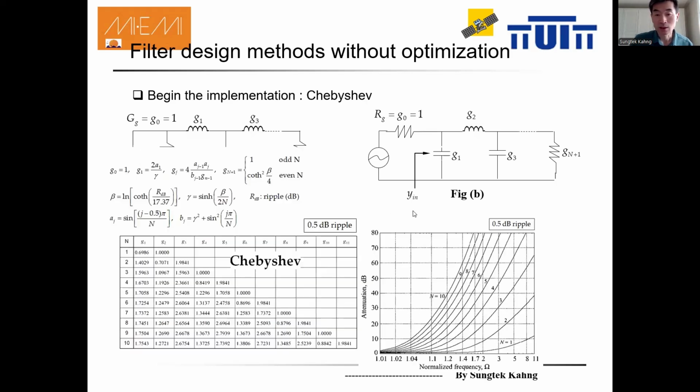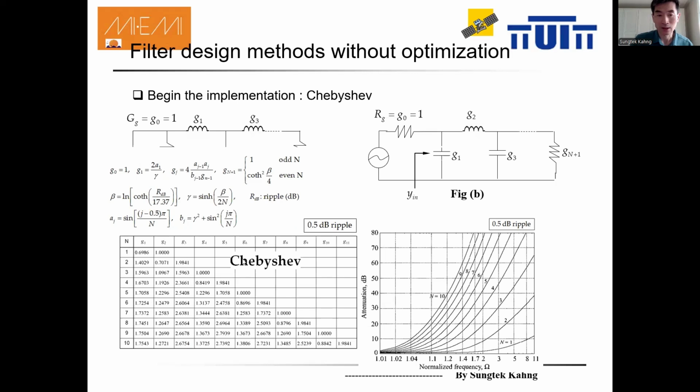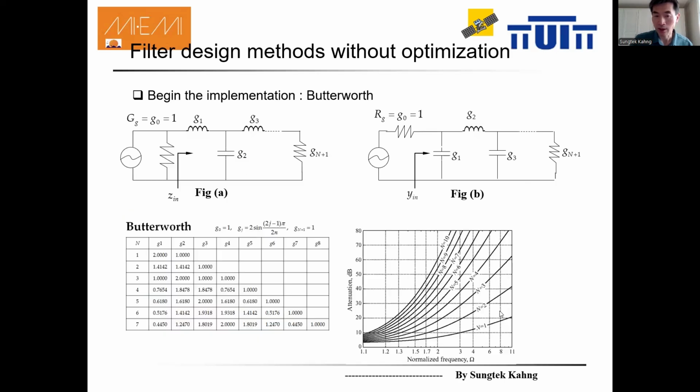And you can compare, for example, n equal 3 between Butterworth and Chebyshev. When omega hits 3, you can see attenuation level 30, right? When you have Butterworth of order 3, you choose this curve.